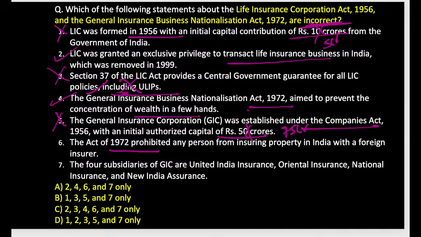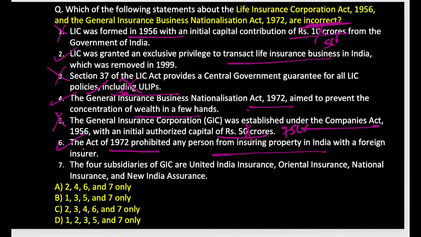Next one, the Act 1972 means General Insurance Corporation Act. The Act prohibit any person from insuring property in India with foreign insurer. This is also true.